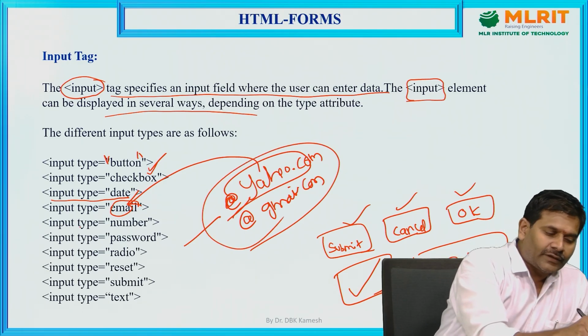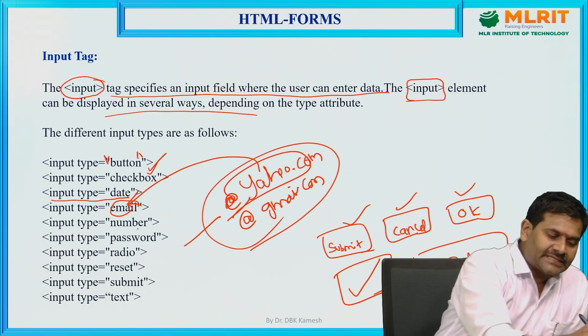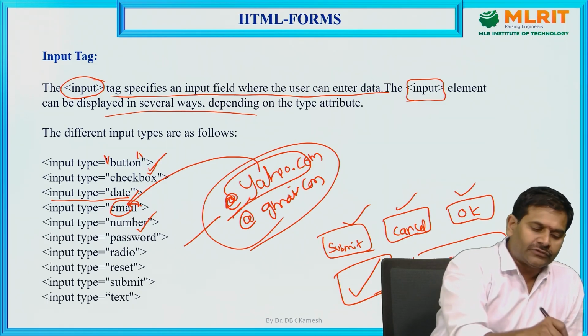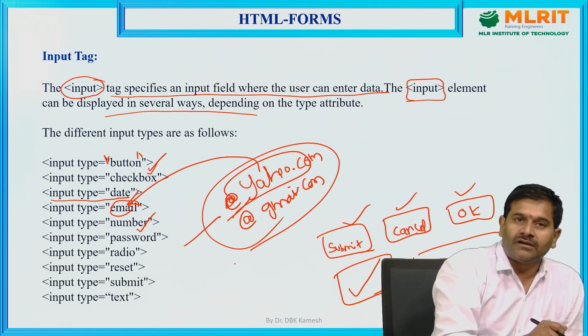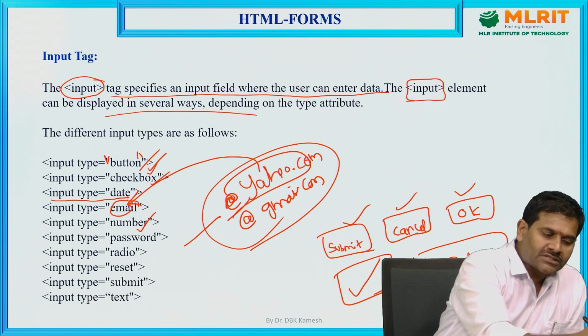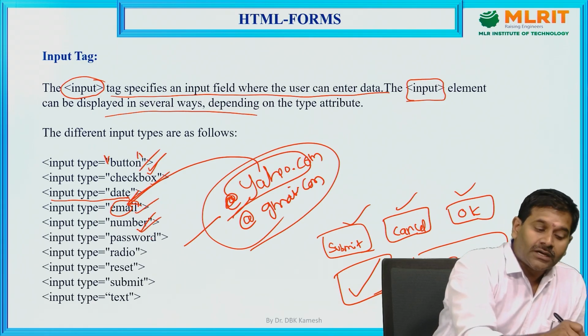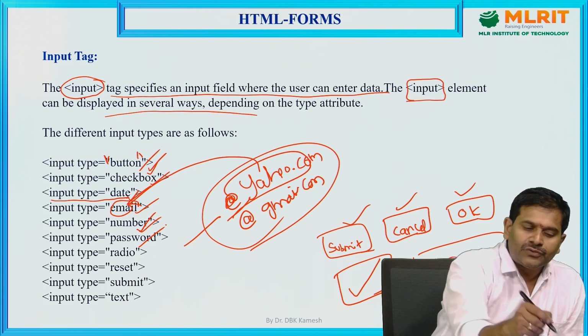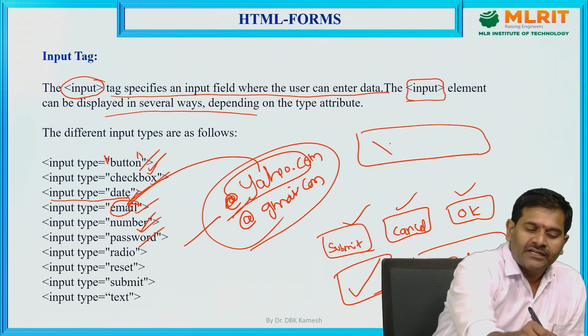Then another type is number. If you want to type numbers, that is input type equals number. Then password: if you use password, the characters are hidden like this.